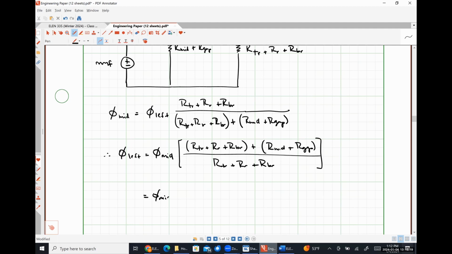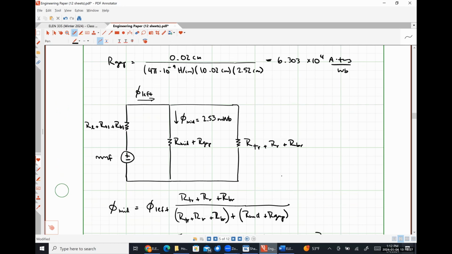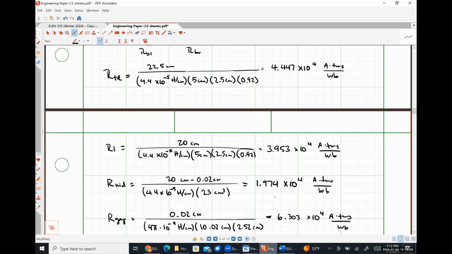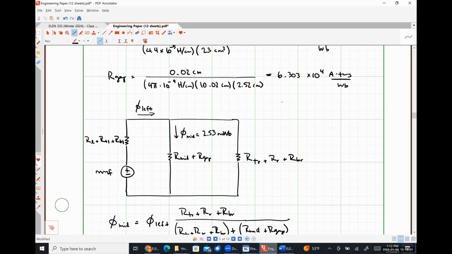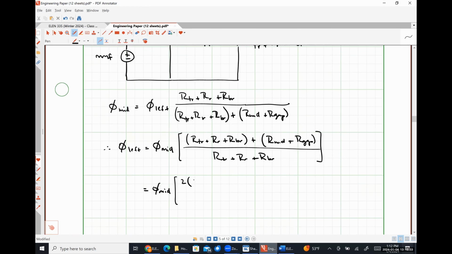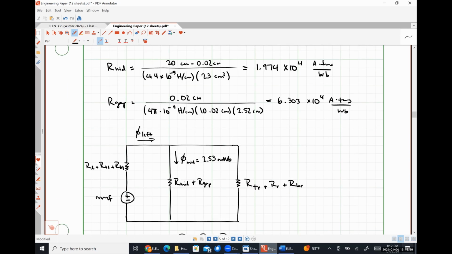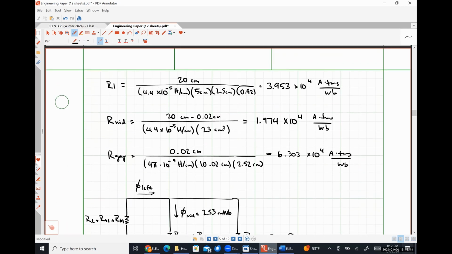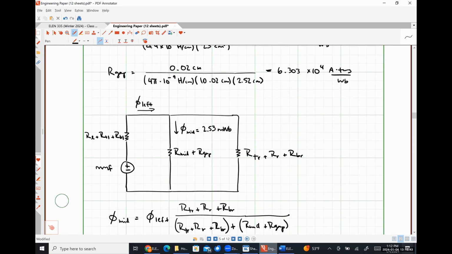So phi mid times, in the denominator, two times 4.447 plus the right, which was the same as the left, so 3.953.